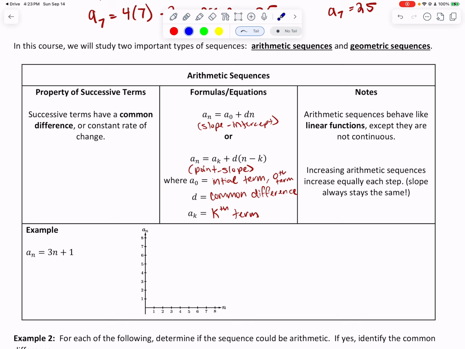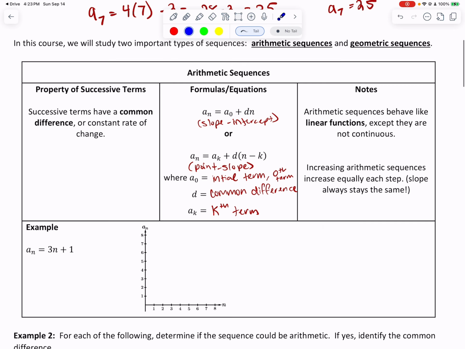An arithmetic sequence behaves like a linear function, but they're not continuous. So an increasing arithmetic sequence will increase equally each step. The slope is always the same, but it'll look like points, like so. If a sub 0 is 1, a sub 1 is 4, a sub 2 is 7.